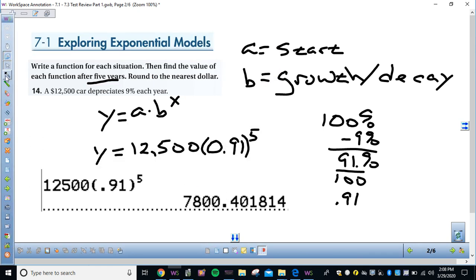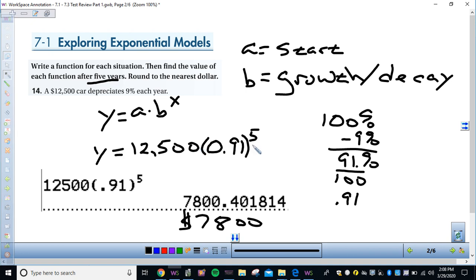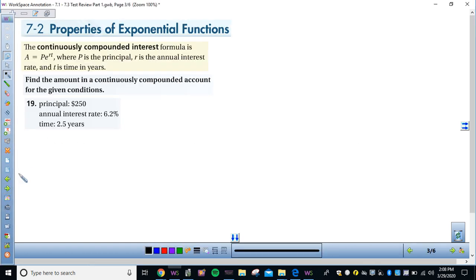Our answer here is $7,800. So we wrote a function for each situation, and found the value of the function after 5 years, to the nearest dollar, $7,800. Okay, so that's 7.1, just doing a little review.